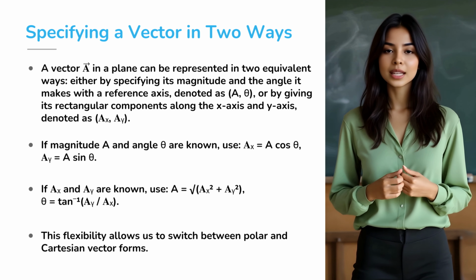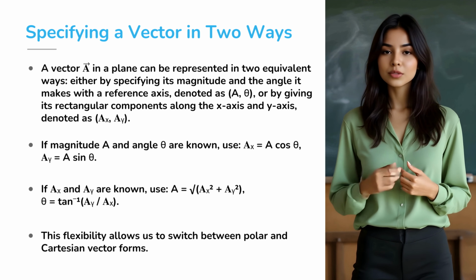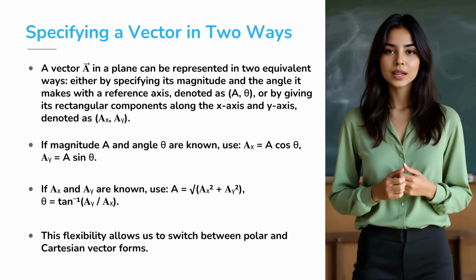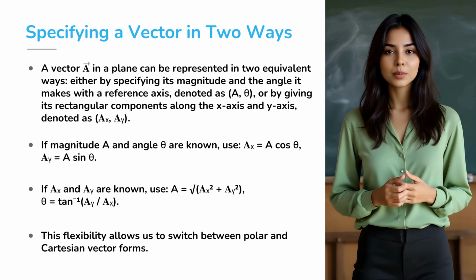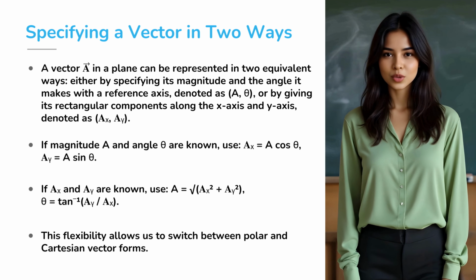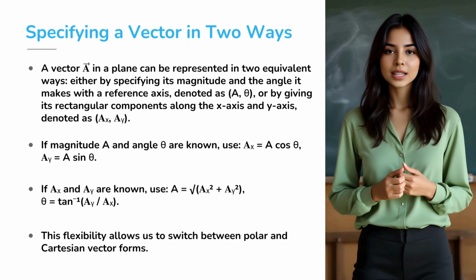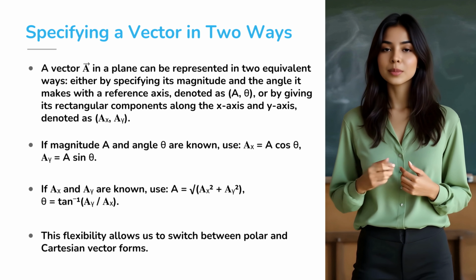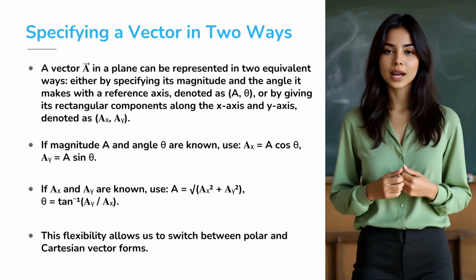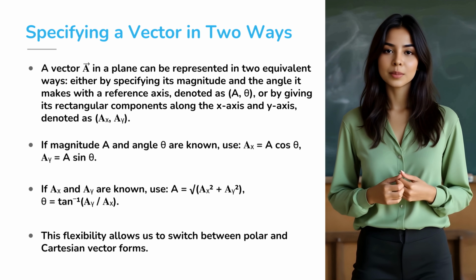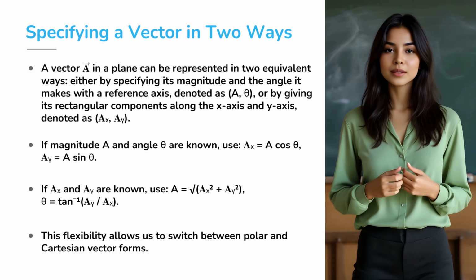But if you are given ax and ay instead, you can reverse engineer the vector using A equals square root of open bracket ax squared plus ay squared close bracket and theta equals tan inverse of ay by ax. This flexibility lets you move between polar and rectangular representations depending on what the problem demands.